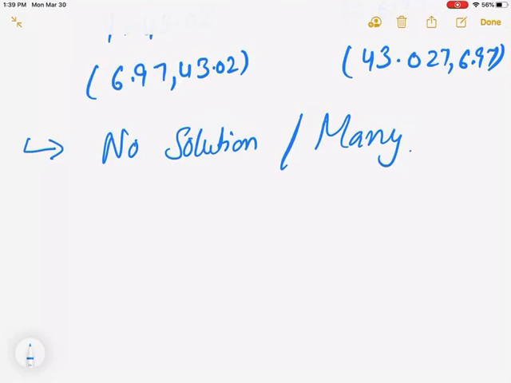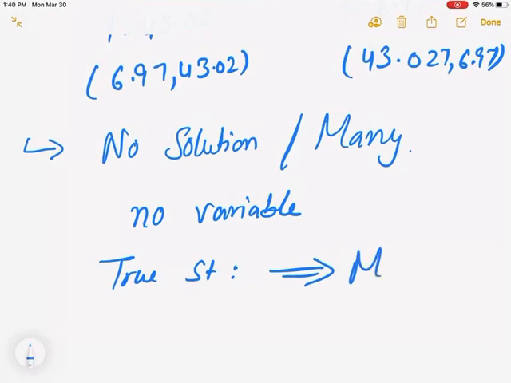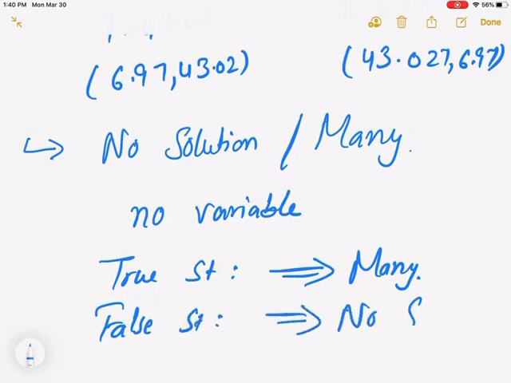If you plug everything in and there's no variable left, then you need to decide your answer based off that statement at the end. If it's a true statement, it means there would be many solutions. If it's a false statement, then there would be no solution for that problem.